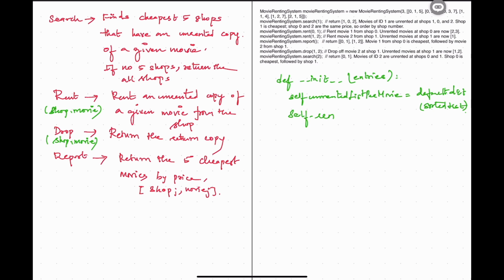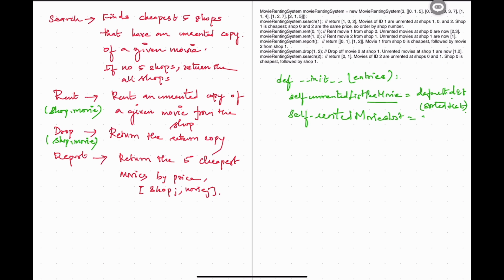Here you have to return the 5 cheapest movies by price, and you can return any shop, it's not restricted to one movie. He is asking for the 5 cheapest rented movies. So you can have a global rented sorted list. The unrented one is per movie, so we use a defaultdict there, and the rented movies list is global.